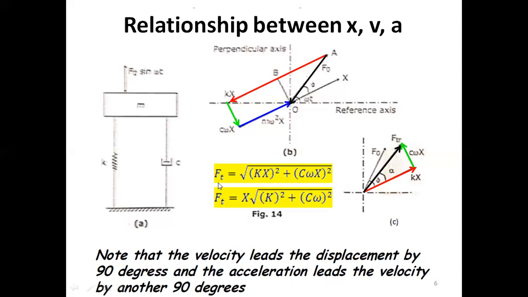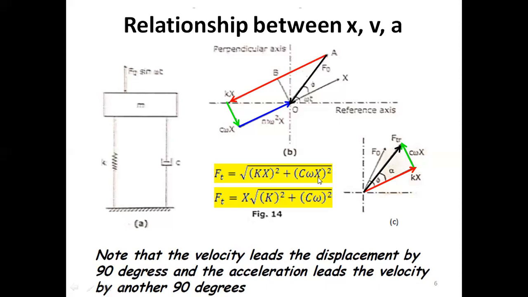The resultant force is Ft. Pythagoras theorem says the square of the hypotenuse is equal to the square of the base plus the square of the perpendicular. So Ft is equal to under the root, the square of the spring force, kX whole square, plus the square of the damping force, c omega X whole square.